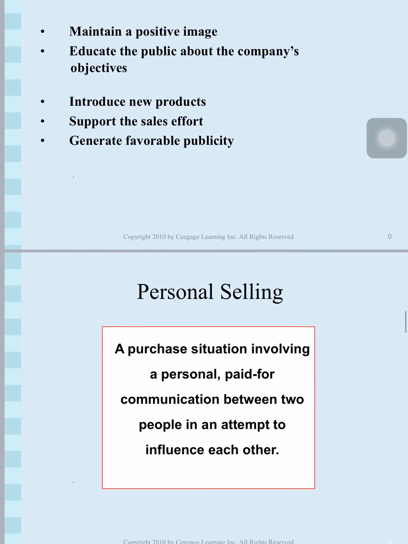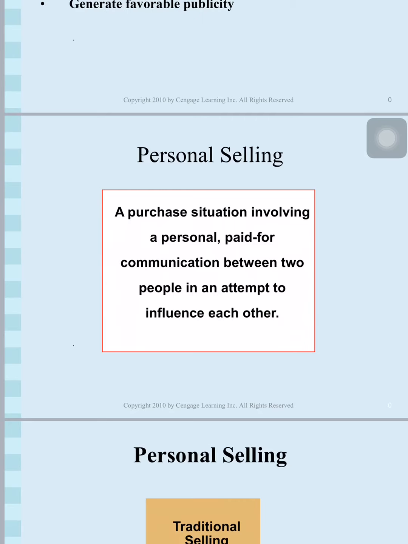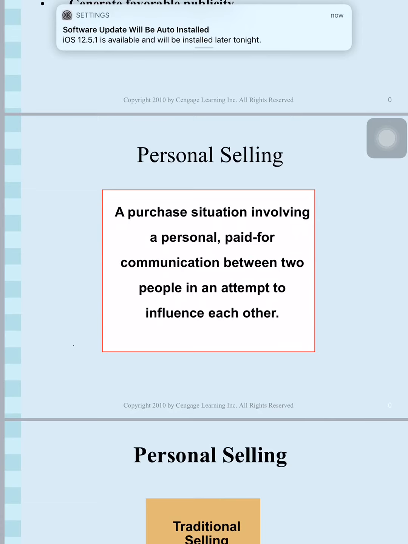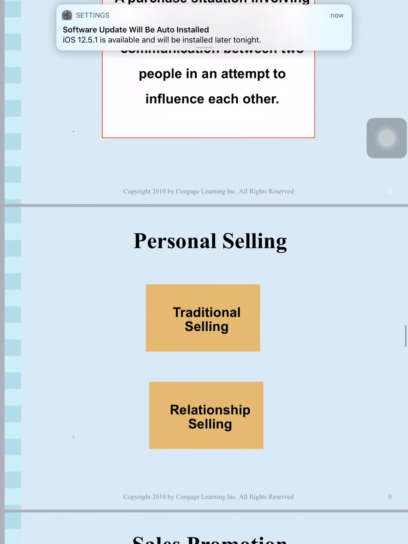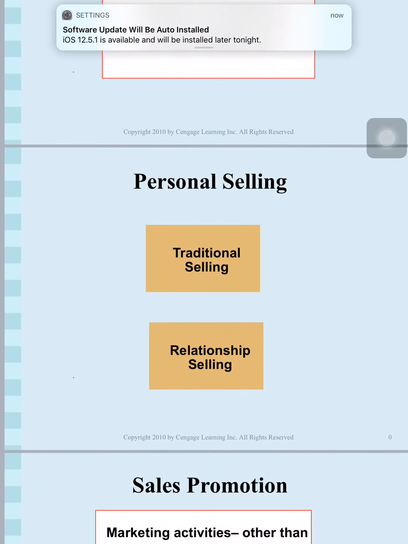Okay, so personal selling. Personal selling is a purchase situation involving a paid person in communication between two people in an attempt to influence each other. Personal selling has two types, which are traditional selling or relationship selling.